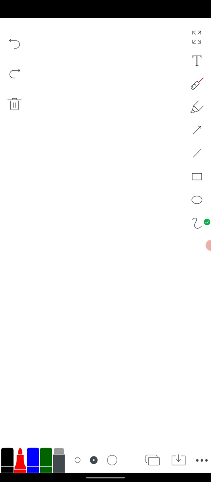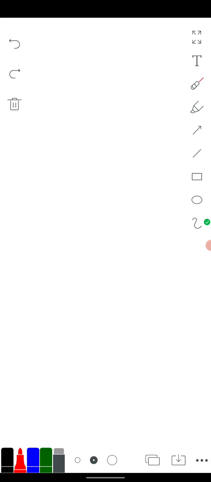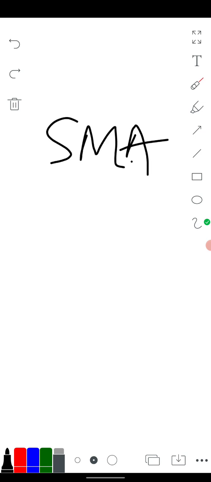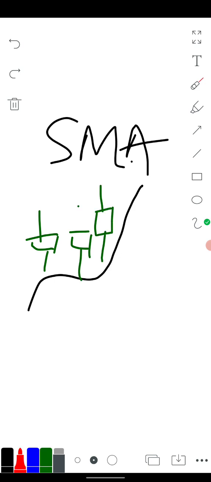Okay, let me summarize this SMA. Simple: buy position is candles forming above this SMA line. Sell position is candles forming below this SMA line.